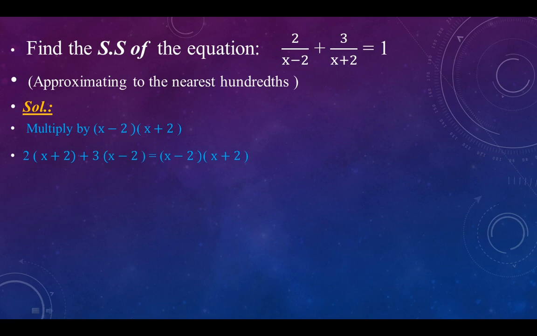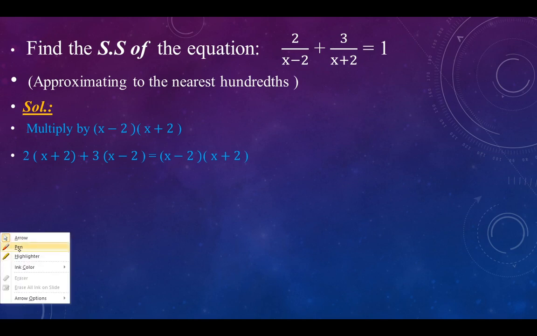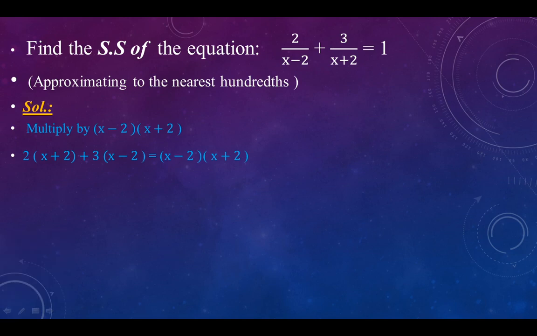For the first fraction, 2 over x minus 2 multiplied by x minus 2 and x plus 2, x minus 2 will cancel x minus 2. So the remainder is 2 multiplied by x plus 2.